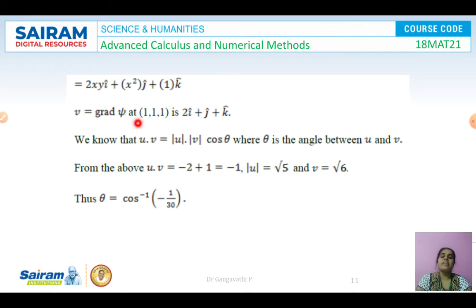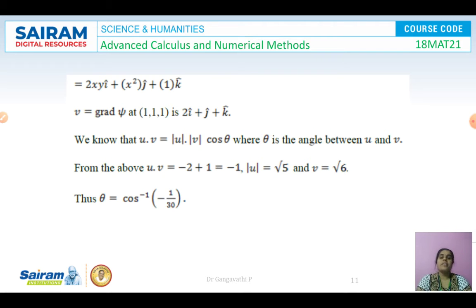And this vector v at the point 1, 1, 1, x is 1, y is 1, z is 1. So here 2 into 1 into 1, it is 2i. Here 1, j, and here k cap. So therefore, now we have to find the angle between the vector normals.